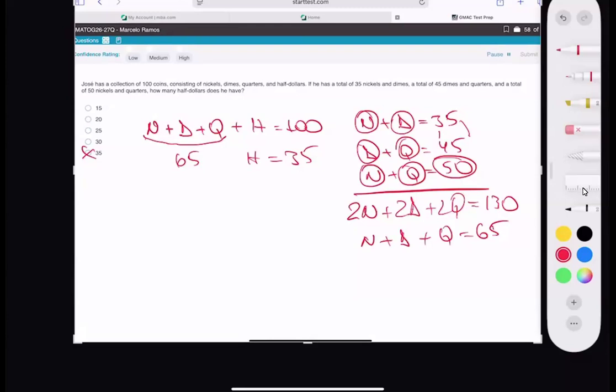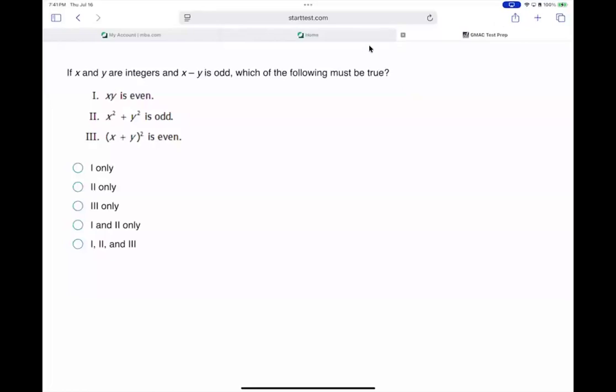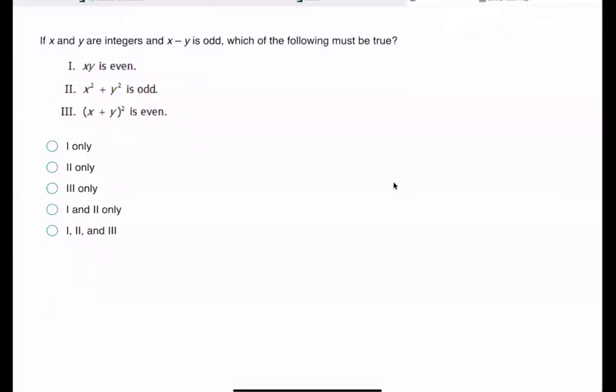Just a second, let me adjust here. So it's about patterns and it's not tips and tricks. It's just basic algebra. Next one.